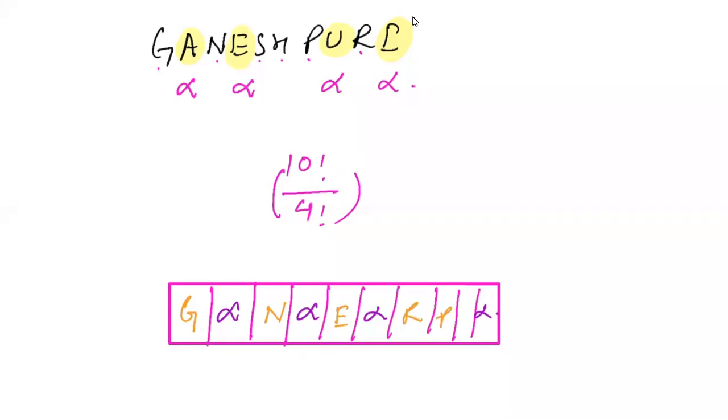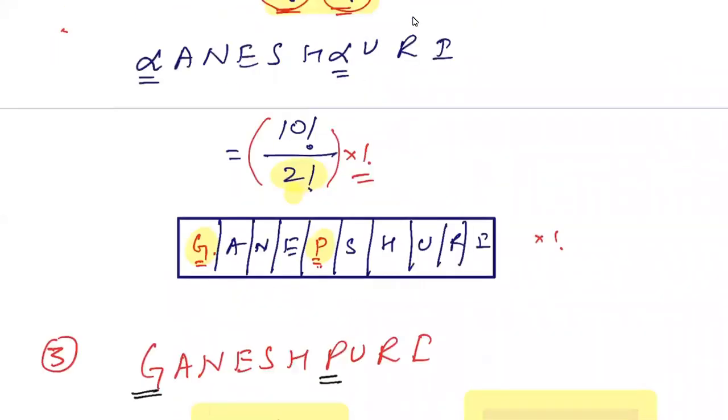So if I arrange this, for the alphas I have to write A, E, I, and U. The rightmost will be U, before that will be I, the second from the right will be E, and the first from the left will be A, right? So we can arrange this in one way only. So this is called the increasing and decreasing order, right?